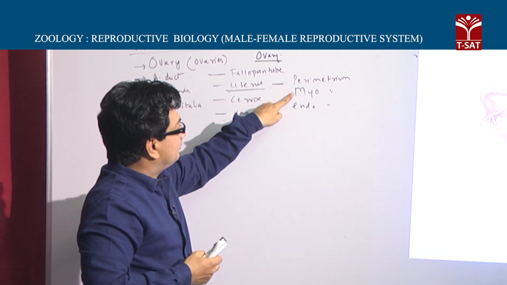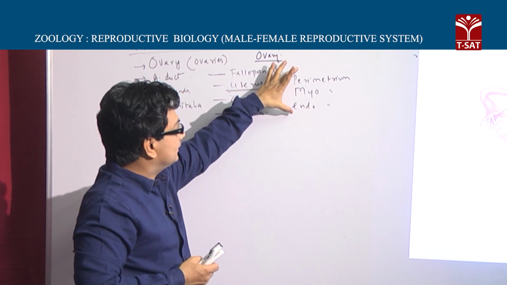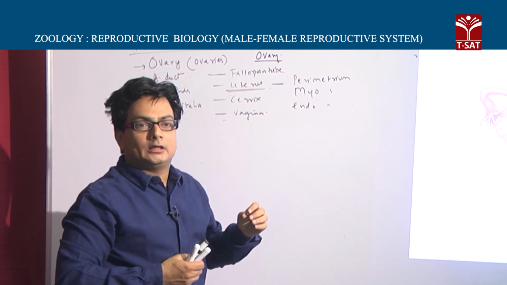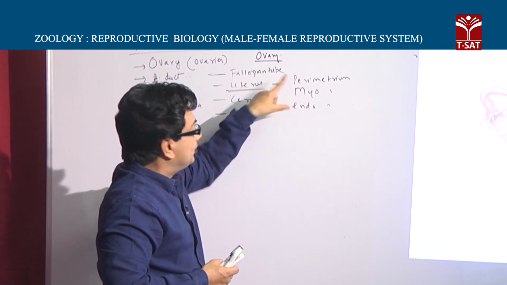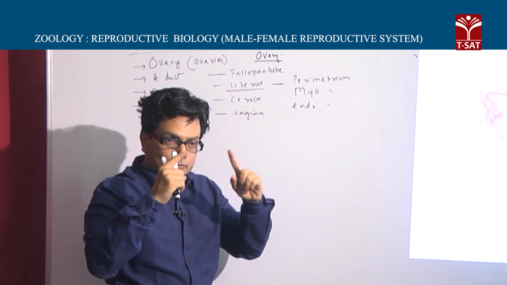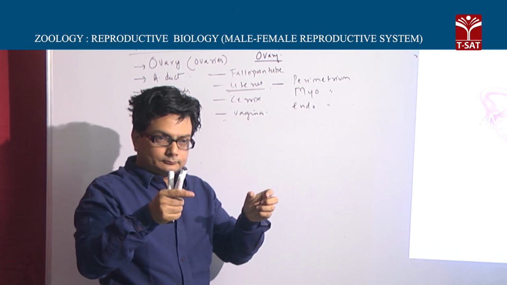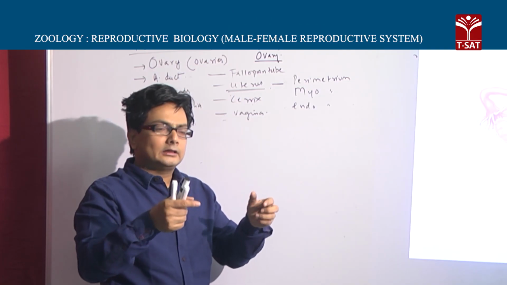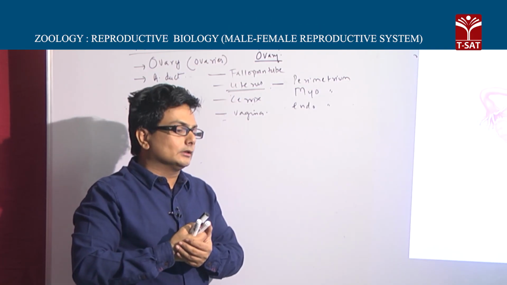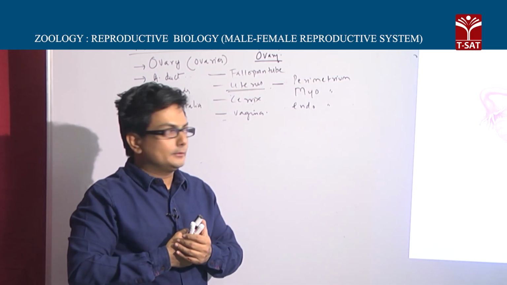So perimetrium, myometrium, endometrium are the three regions of the uterus. Perimetrium is the outermost covering of the uterus, and the muscular myometrium, and the innermost lining called the endometrium.